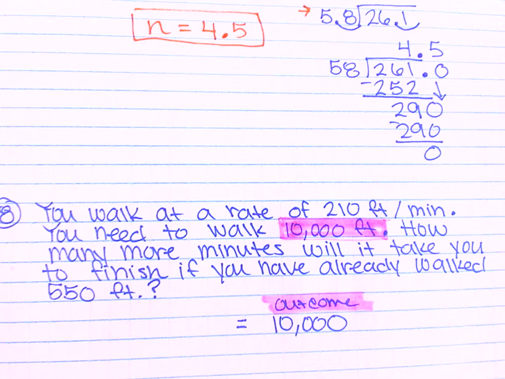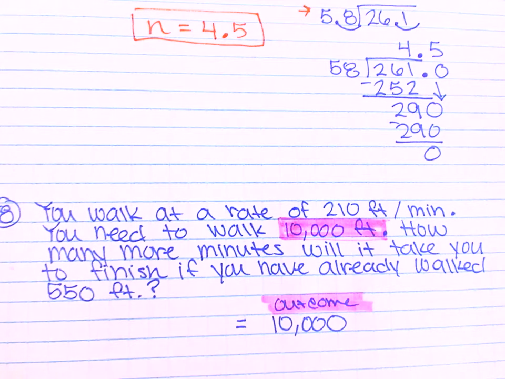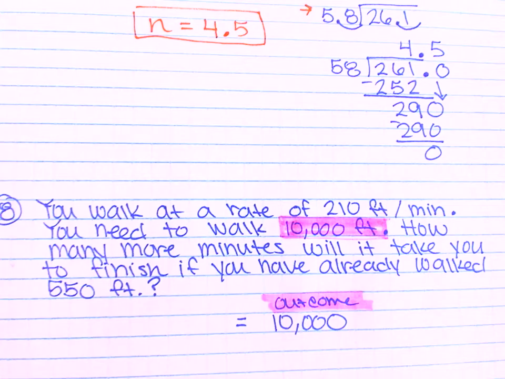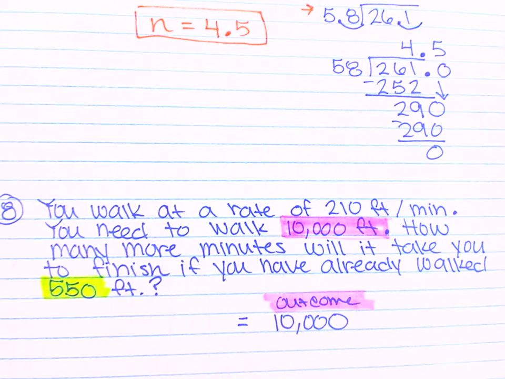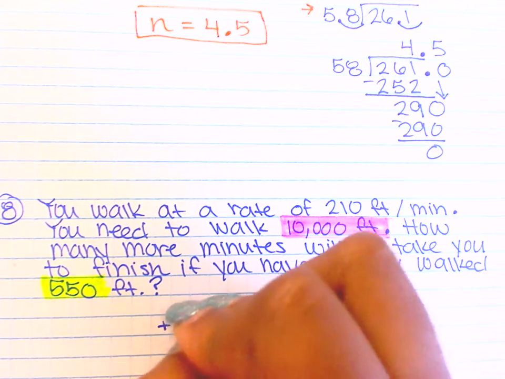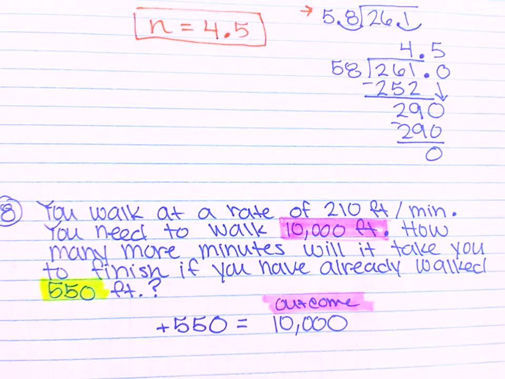Now what do I already know? I already know that I walked 550 feet. So something plus that 550 feet is going to get me to 10,000 feet. So what I've already done, that 550, is going to go here. Now I need to figure out my variable. What do I need to find out? Well, I walked 210 feet per minute.